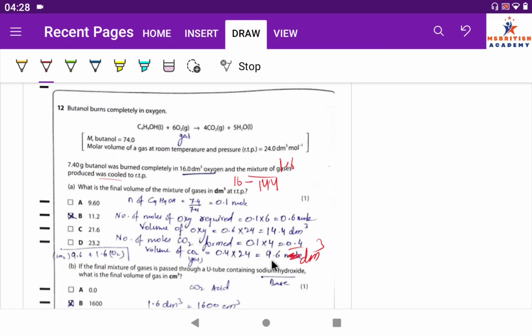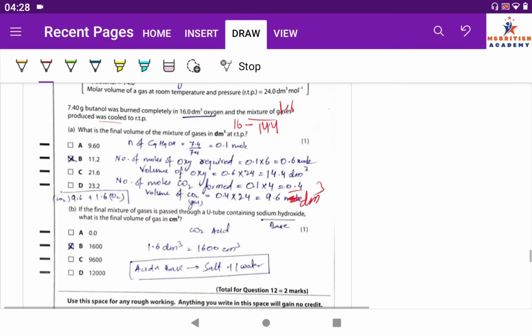And we have calculated that carbon dioxide forms 9.6 decimeter cube. We have to find the mixture of gases produced, so the final volume is 9.6 plus 1.6, so the total will be 11.2 decimeter cube of the mixture of gases.